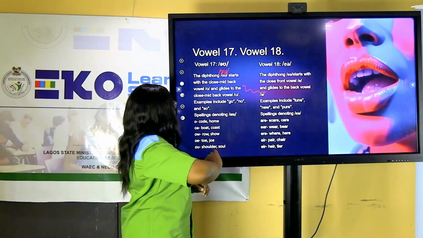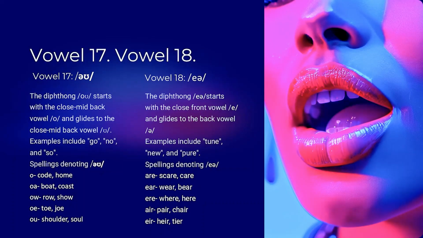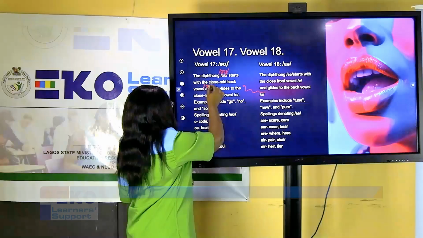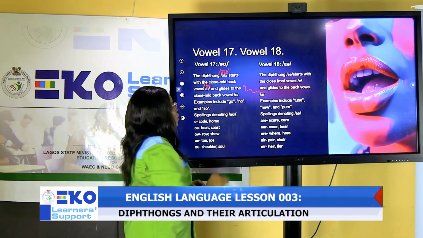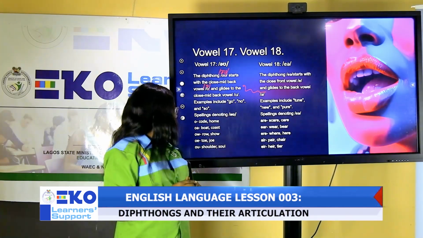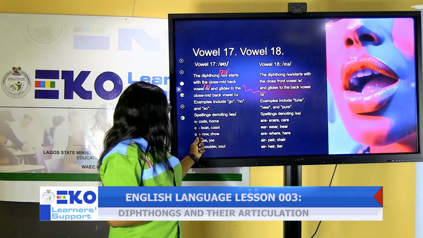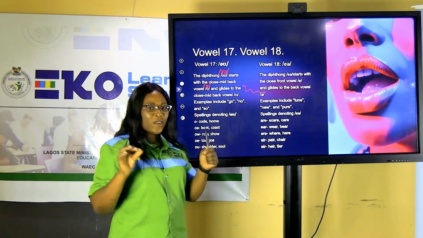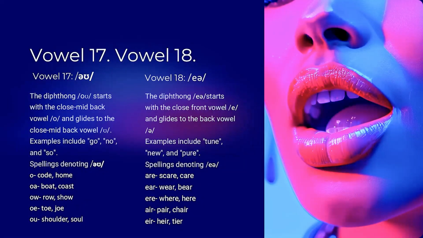It starts as a closed mid-back vowel and ends on O. So we have sound O. Look at the words we have here. For the sound O, we have letter O, letter OA, letter OW, letter OE, and letter OU.